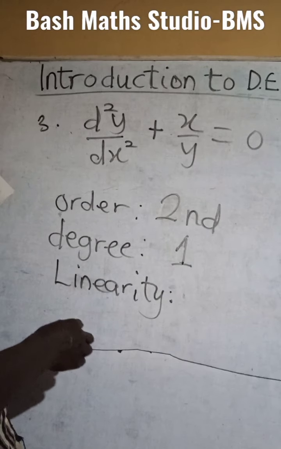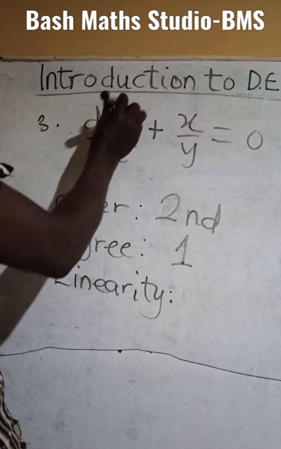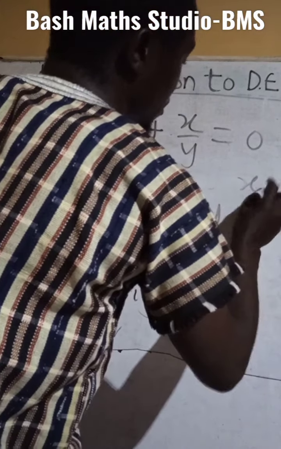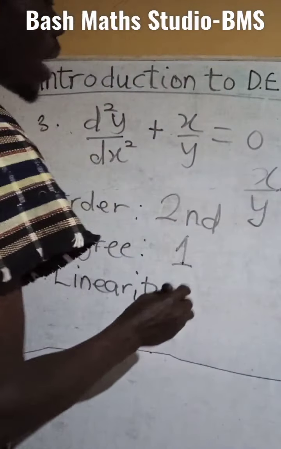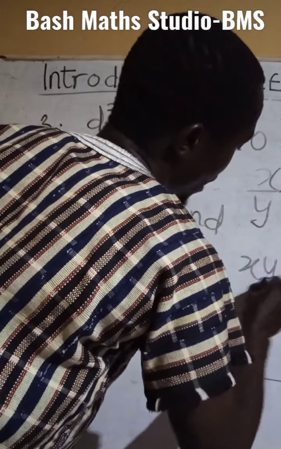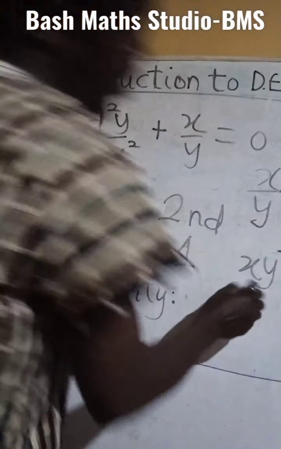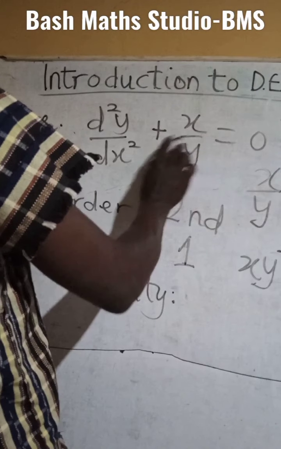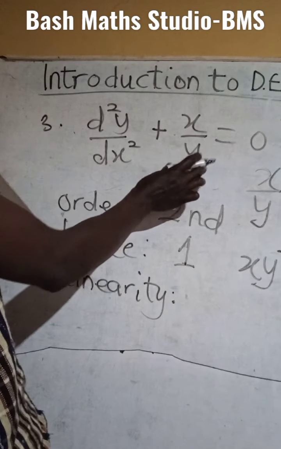Is it linear? No, it is not linear. Although the unknown function here is of power 1, we see that x over y is the same thing as writing x multiplied by y to the power minus 1. And you see, this is also a term in terms of the unknown function y.